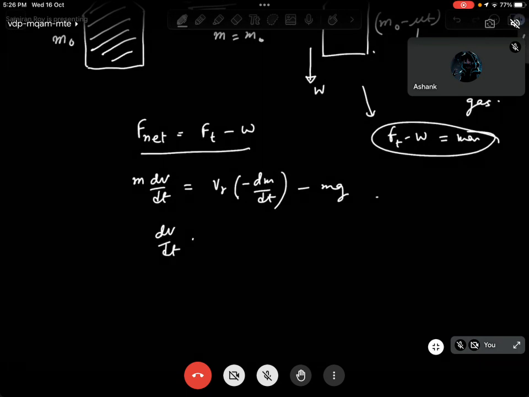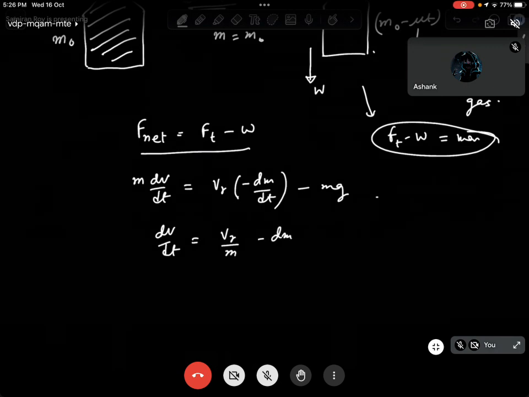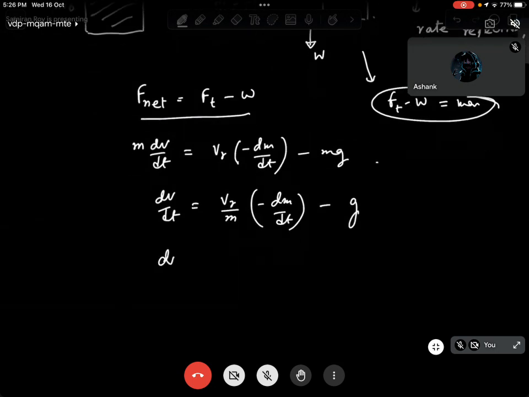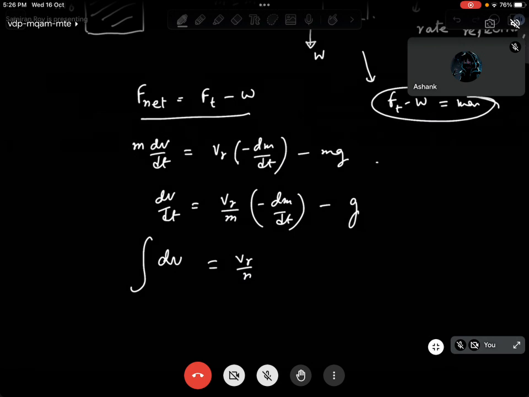dv by dt will be vr by m minus dm by dt minus g. So what is dv? Integration of dv equals vr by m minus dm, correct or not?